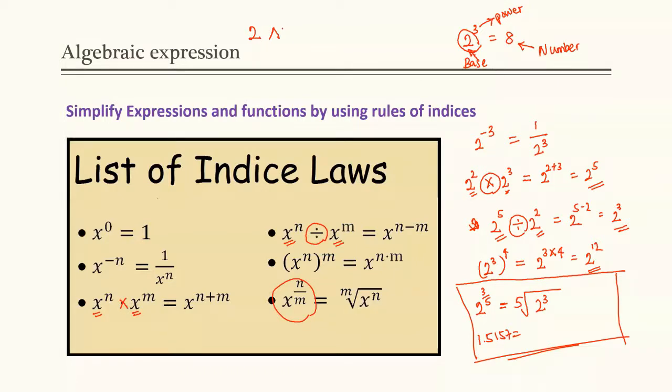After pressing 2, you press that button. Then open the brackets, put 3 over 5, and close the bracket. Then equals. You should get 1.5157.